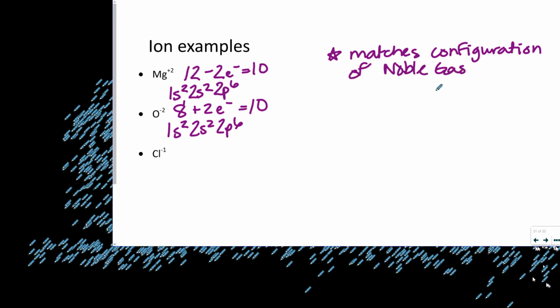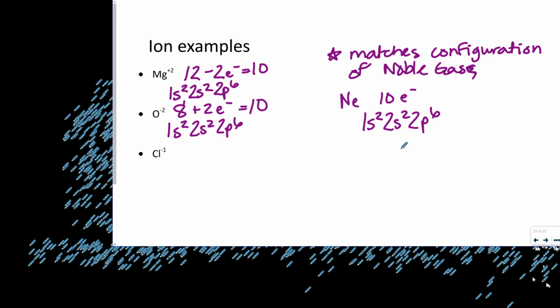So remember we talked about stability yesterday. So if we look, neon, number 10, has 10 electrons. Its configuration is 1s2, 2s2, 2p6. So anytime something forms an ion, it ends up with the same electron configuration as a noble gas.